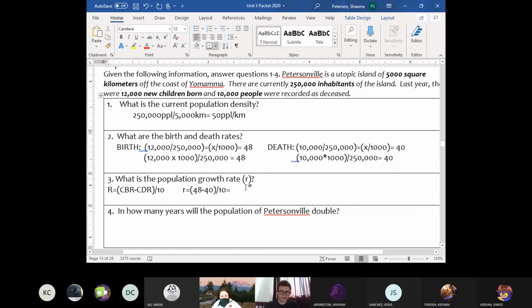What does that give us? 0.8. A population growth rate is always a percentage, so you can put the percentage if you want, but I won't ask you to.